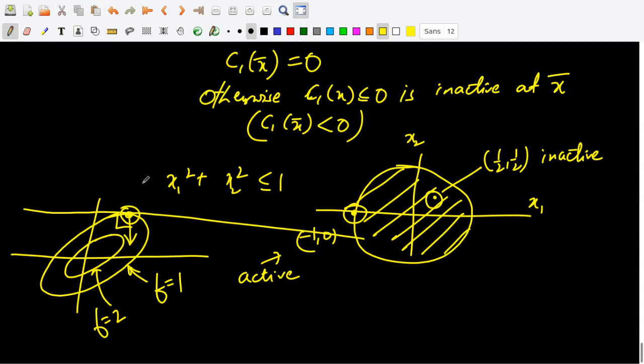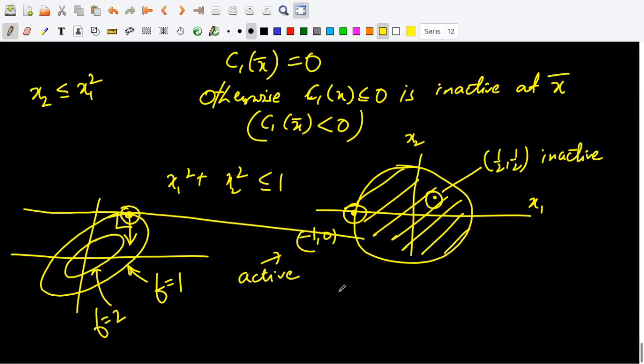So that relation helps us to identify the feasible region for a nonlinear constraint. So for example, suppose I have a constraint of this form, x2 is less than or equal to x1 square.